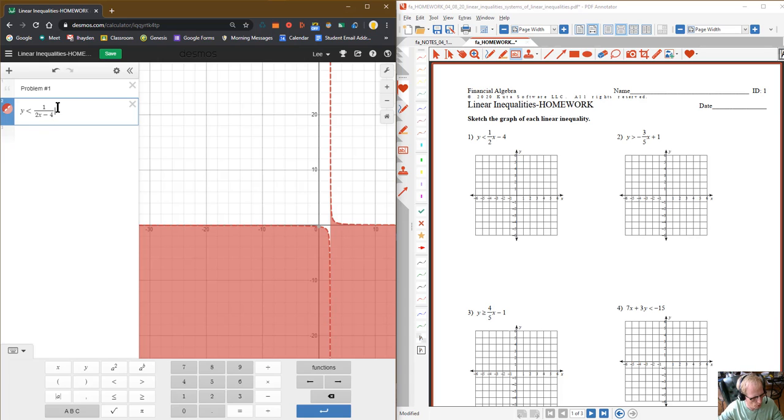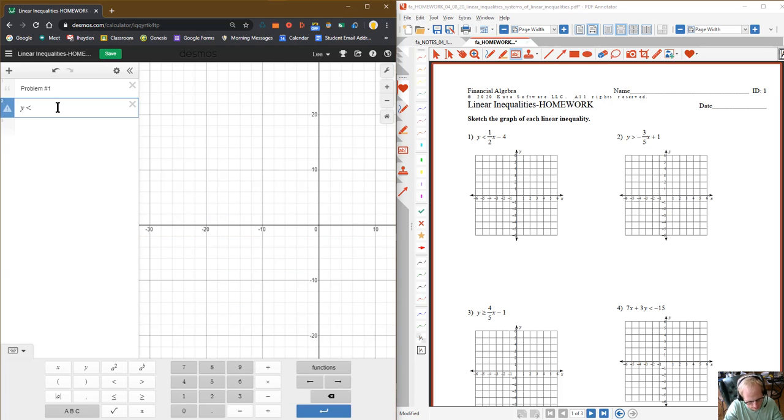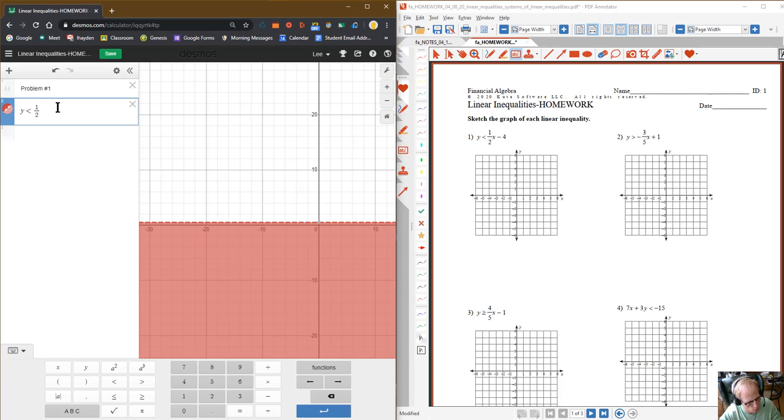So what you have to do when you have a coefficient or a slope value that's a fraction is, after you type in the fraction, hit the right arrow key to escape the fraction. And then you can type the rest of the problem.